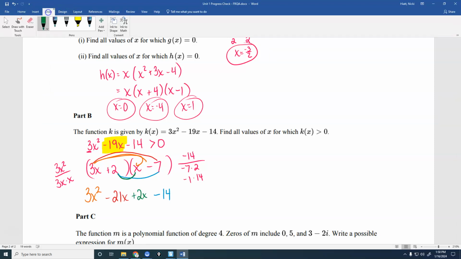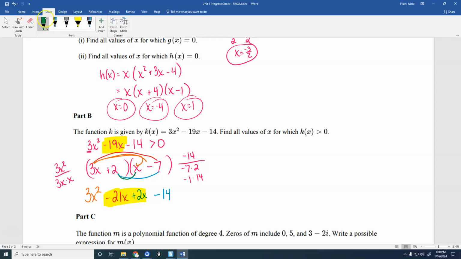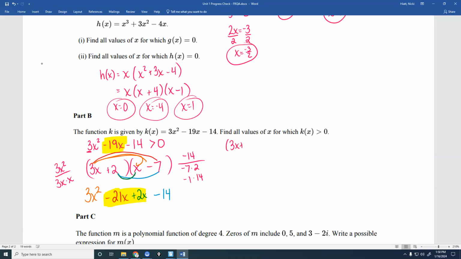So I'm looking to see here if this gives me -19x. Does it? Yes, so that means I've factored correctly. That means that my problem is 3x plus 2 times x minus 7 is greater than 0.